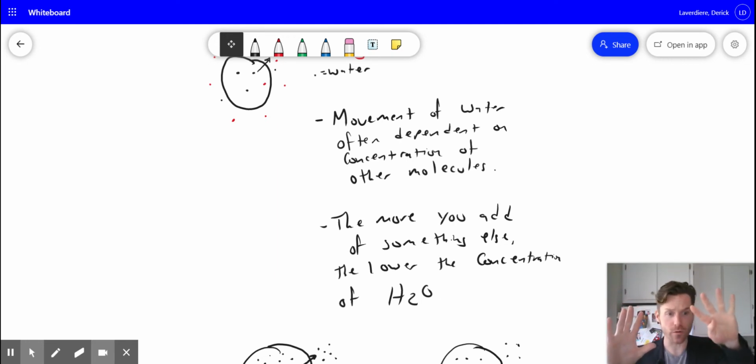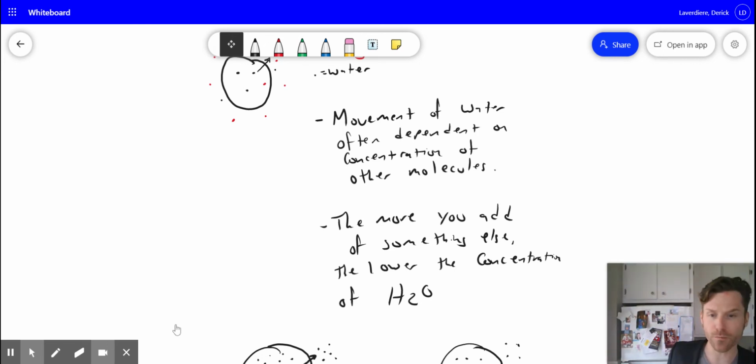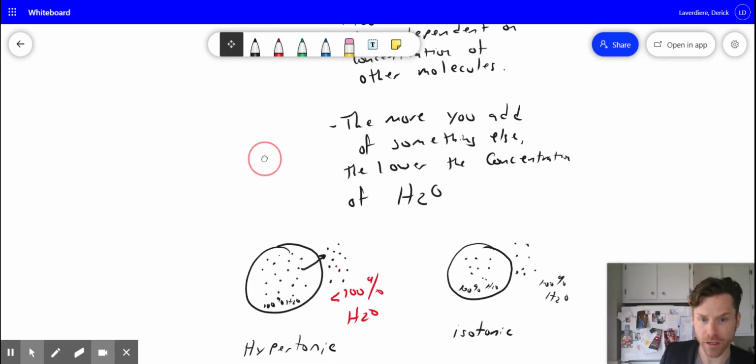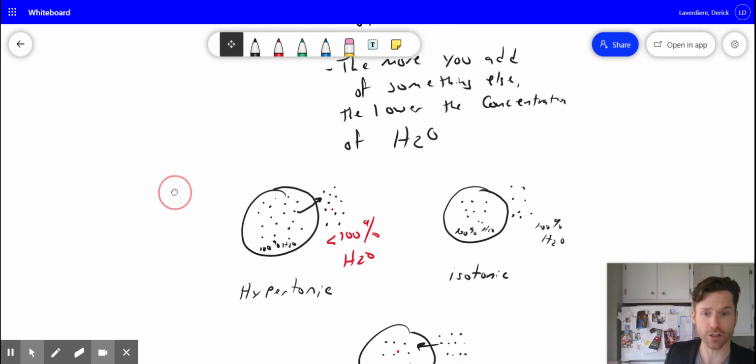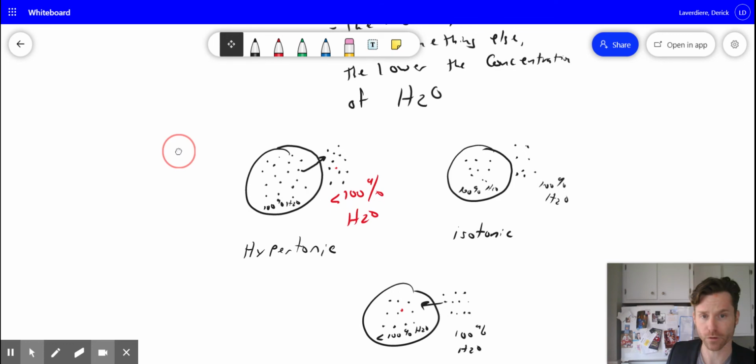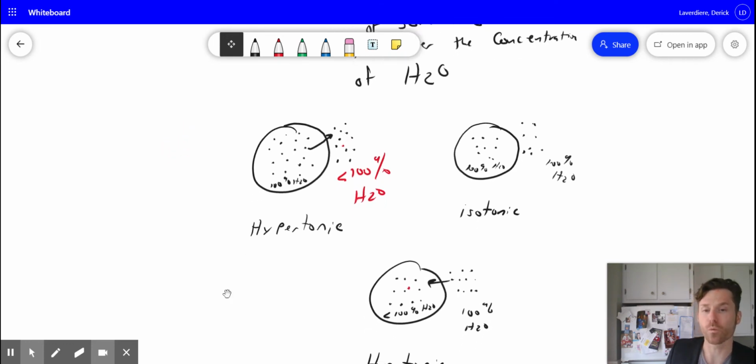I didn't change the amount of water, I just changed the amount of salt. And so the more I add of other things, the lower the water concentration is, even without changing the amount of water. Okay? And so water will move to try to balance this inequity of concentration from side to side, okay, even though the ions are stuck.